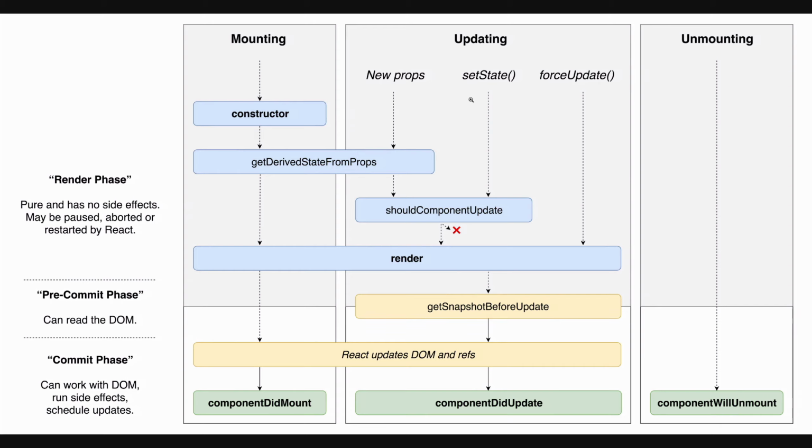Well, in the render phase, essentially React goes through and it can look at what's going on within the virtual DOM. You can pause in this particular state, it can be aborted, it can be restarted, but in here, like it says on the left, it's pure and has no side effects. Well, what does no side effects mean? Well, it means we're not doing stuff like making asynchronous calls.